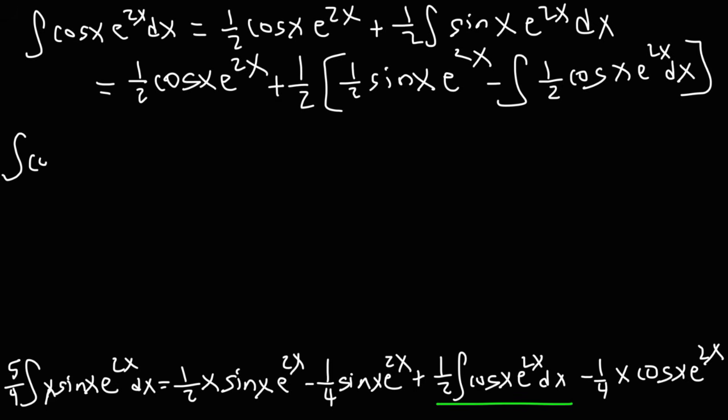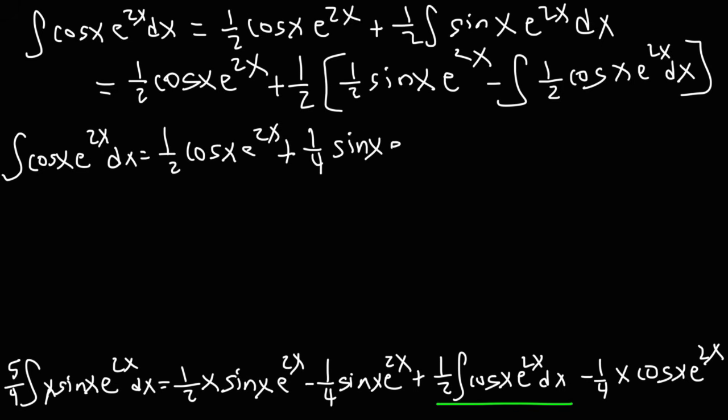Now let's put this all together. So the integral of cosine e to the 2x dx is going to be 1/2 cosine x times e to the 2x. And then 1/2 times 1/2, that's going to be plus 1/4 sine x e to the 2x. And then we have 1/2 times negative 1/2.